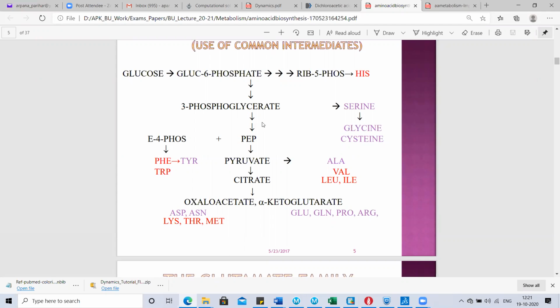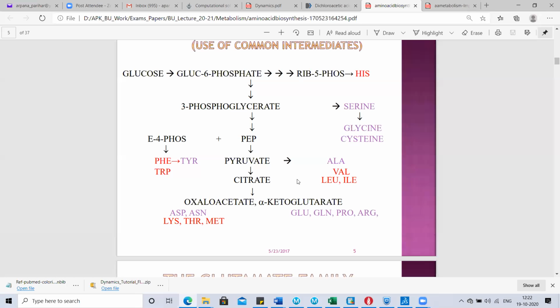This 3-phosphoglycerate can be converted into phosphoenolpyruvate, then pyruvate, and this pyruvate is involved in the synthesis of alanine, valine, leucine, and isoleucine. Here, erythrose 4-phosphate, which is generated through the pentose phosphate pathway, can become a precursor for the synthesis of phenylalanine and tryptophan, and phenylalanine can produce tyrosine.